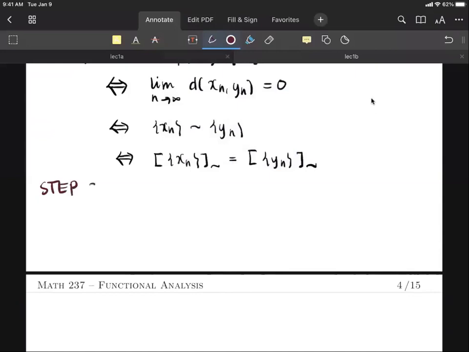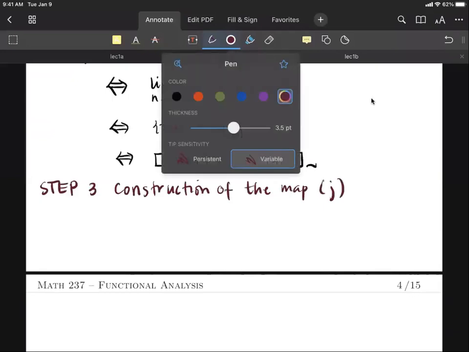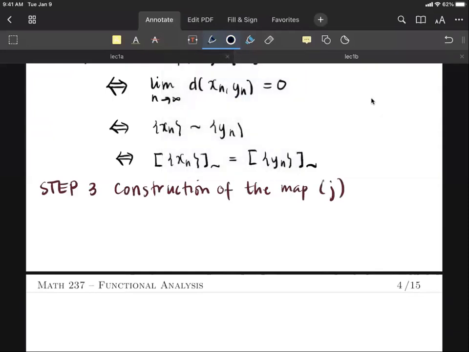Step 3: construction of the map J. So for the definition, let us define J as follows.